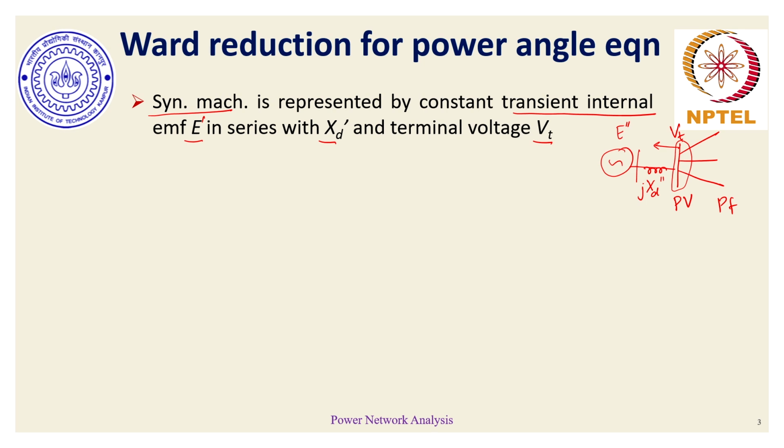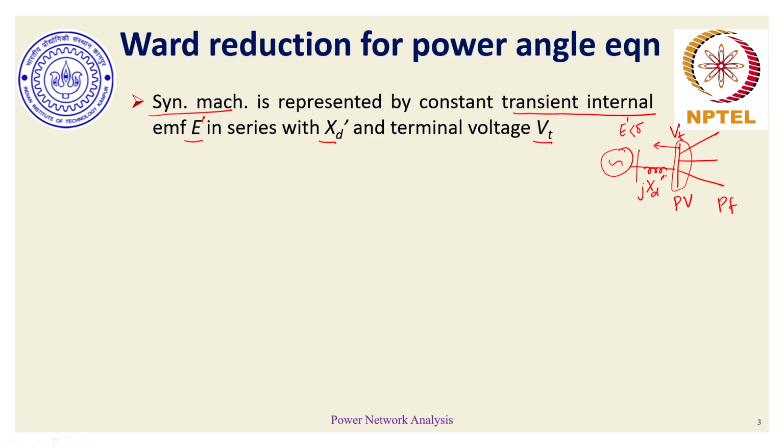Since in transient rotor angle stability analysis we focus on how the rotor angle delta, the internal EMF with respect to the terminal voltage, varies for different disturbances, we essentially represent these generators in terms of transient internal EMF and the corresponding transient reactance.